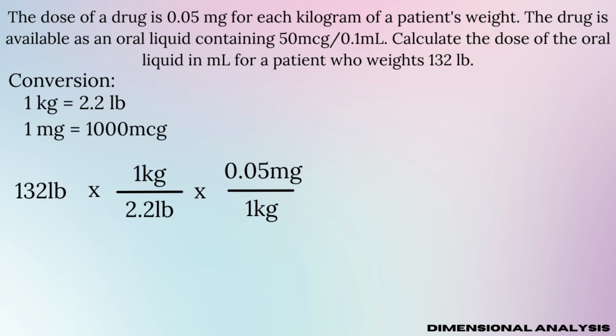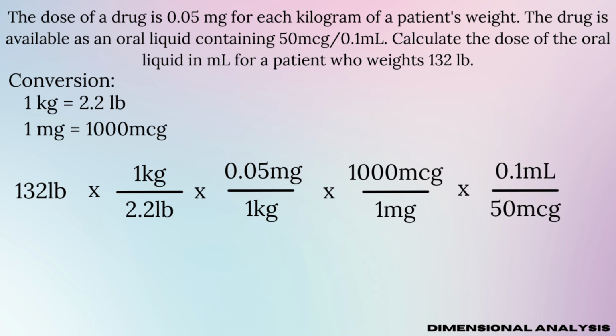But the drug is only available as an oral liquid which contains 50 micrograms of the drug for every 0.1 ml, which is why we have to multiply our answer in milligrams with 1000 micrograms per 1 milligram for us to get its equivalent amount in micrograms, and then multiply it with 0.1 ml over 50 micrograms for us to get the equivalent amount in ml.